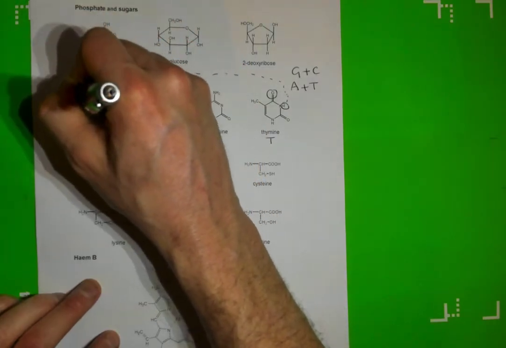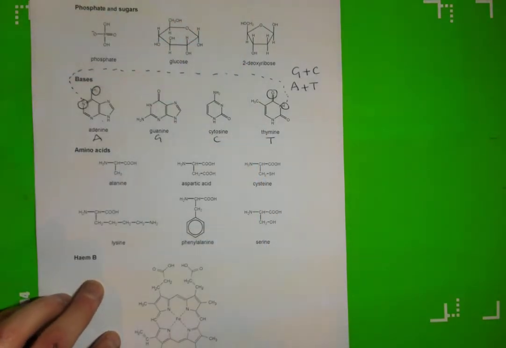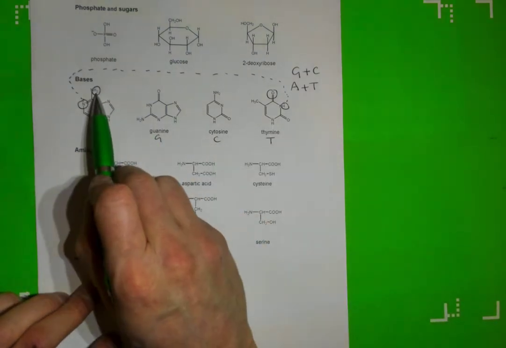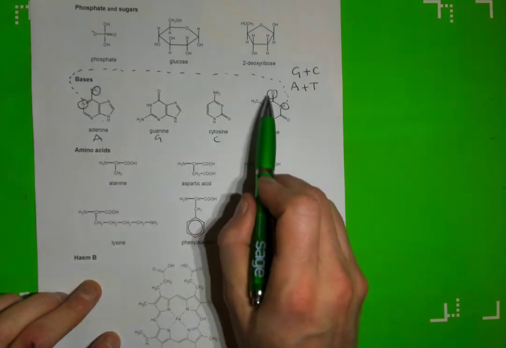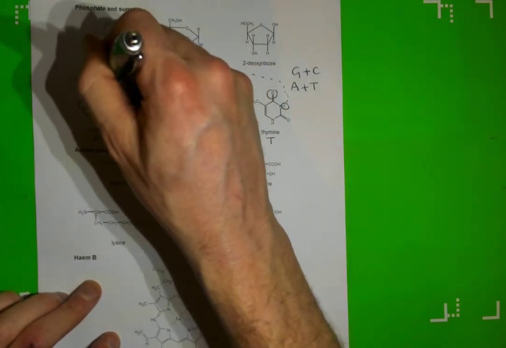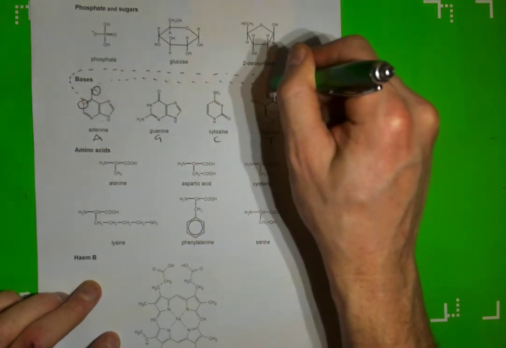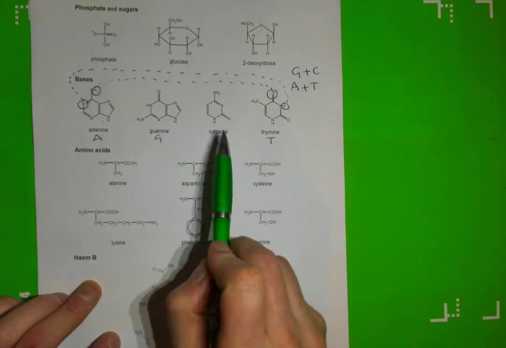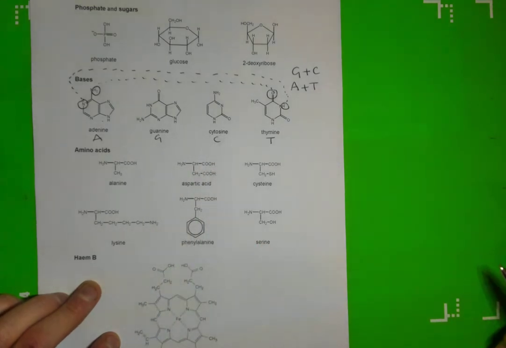It's obviously not how you draw a hydrogen bond because I'm not orientating my molecules, but we're just annotating our data sheet here. And one of those H's on adenine will hydrogen bond to that O on thymine, like that. And we can do the same thing for guanine and cytosine.